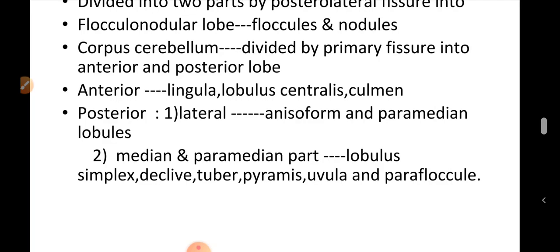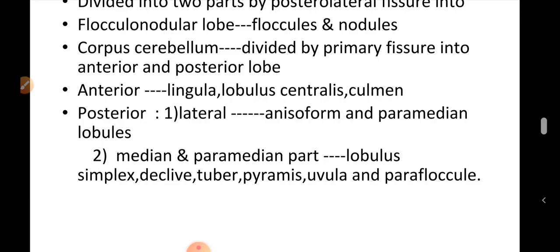The corpus cerebelli is divided by primary fissure into anterior and posterior lobe. The anterior lobe consists of lingula, lobulus centralis, culmen, and the posterior lobe, the lateral part, that is ansiform and the paramedian lobules, median and paramedian parts.